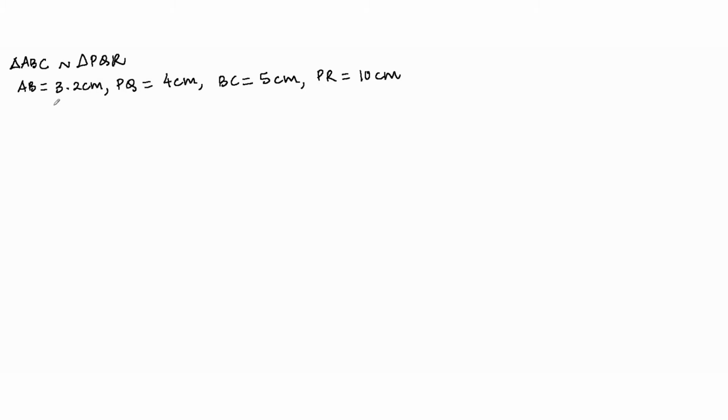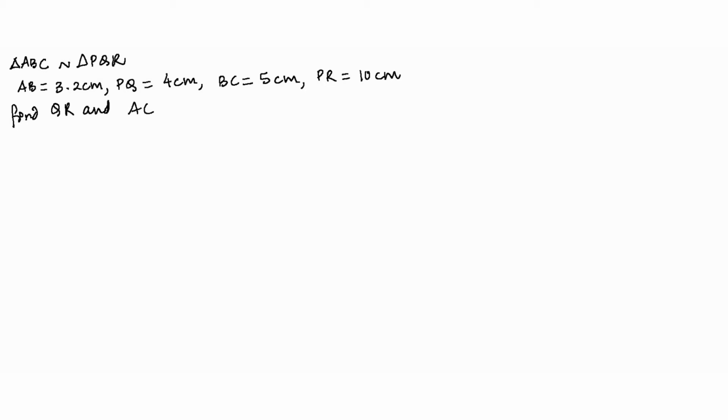Suppose I am given that triangle ABC is similar to triangle PQR, and I have been told that AB is 3.2 centimeters, PQ is 4 centimeters, and BC is 5 centimeters, and let's assume that PR is 10 centimeters. I wish to find the dimensions QR and AC.